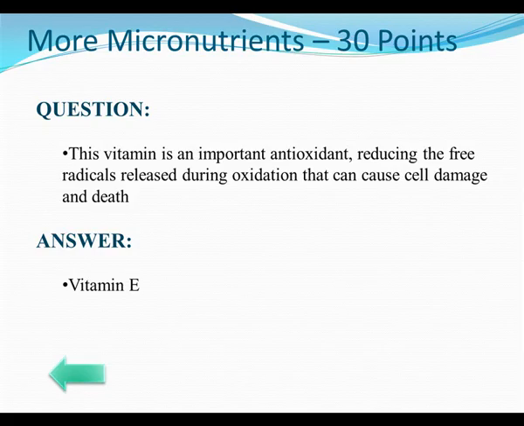And those free radicals are free to bind with other substances and potentially cause damage. So vitamin E is supposed to help, and it's not just vitamin E, there's several antioxidants that are supposed to help reduce the damage from these free radicals. So if you hear about antioxidants, that's what it's talking about.